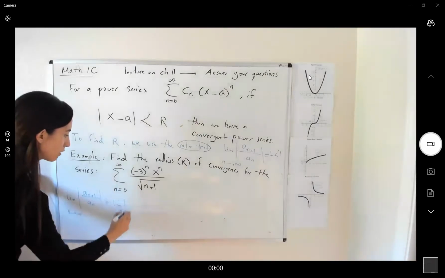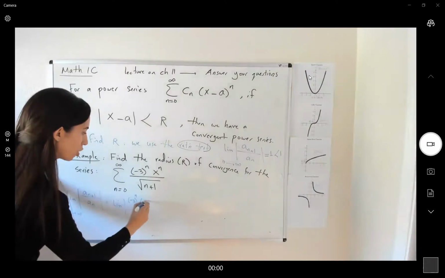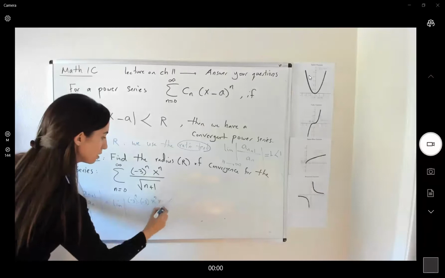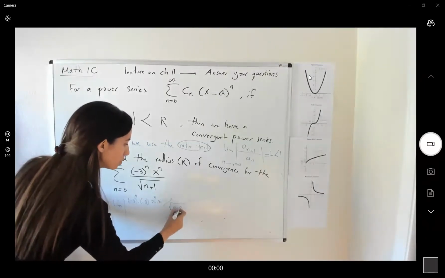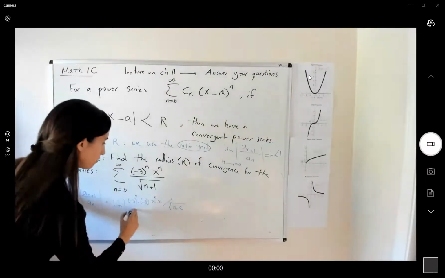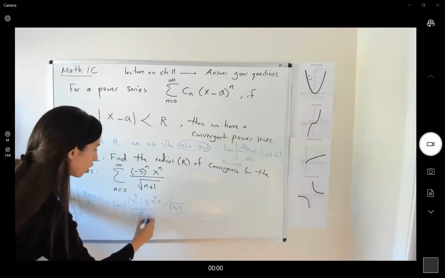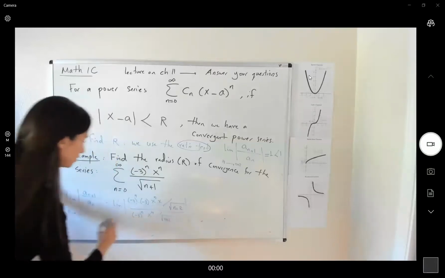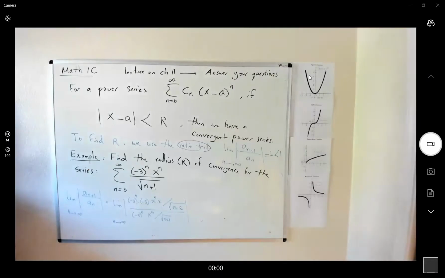You get the limit of the absolute value of (-3) to the n times -3 times x to the n times x divided by the square root of n plus 2, divided by (-3) to the n times x to the n divided by the square root of n plus 1. Note that everything is inside the absolute value. So of course we can cancel out some of the terms here.